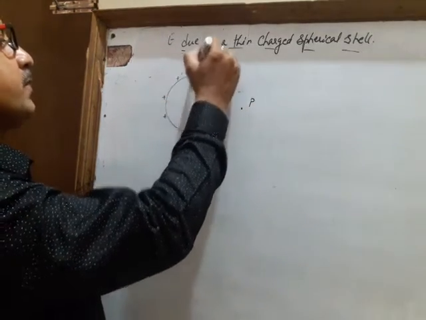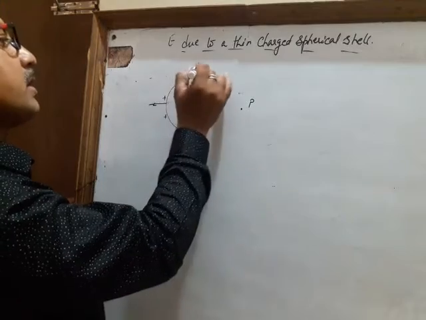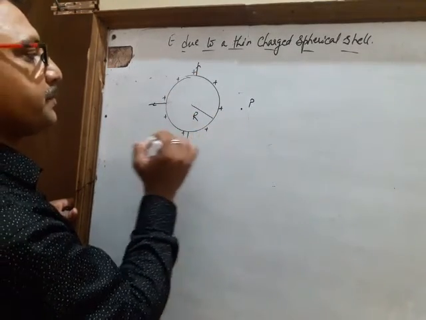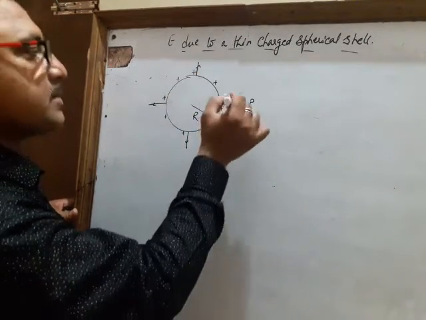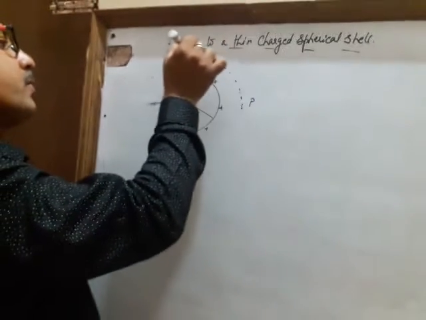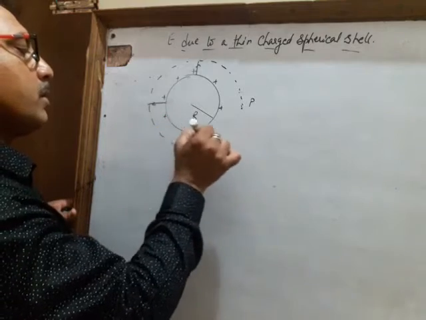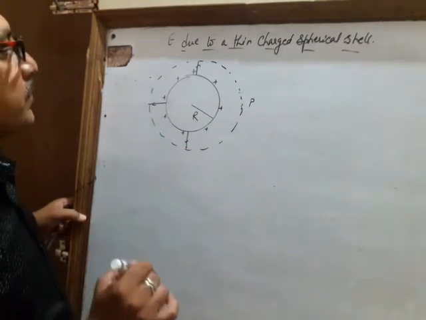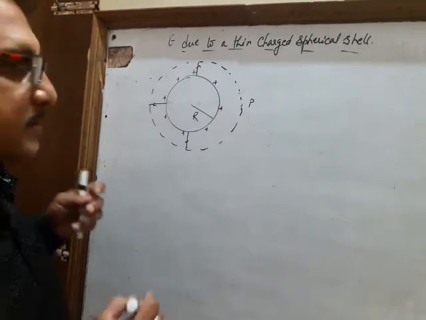As you know, the flux comes out like this, radially outwards. So taking this point P, we can assume one spherical concentric Gaussian surface.